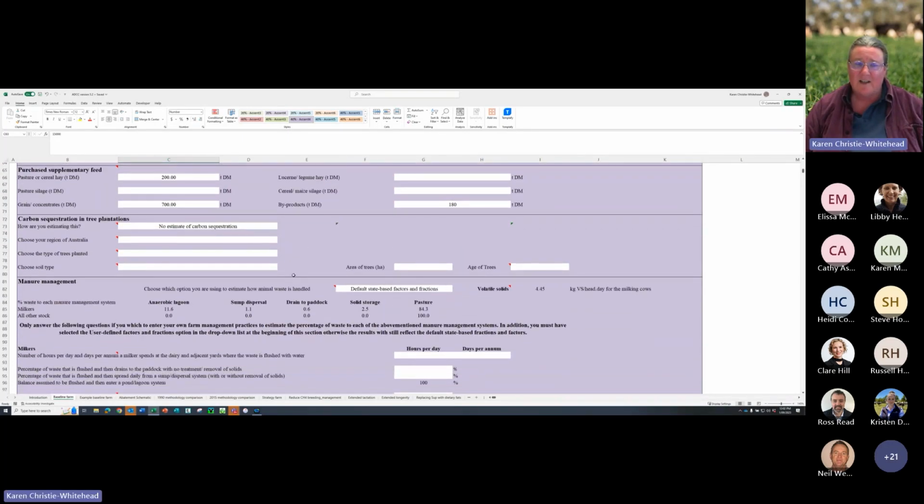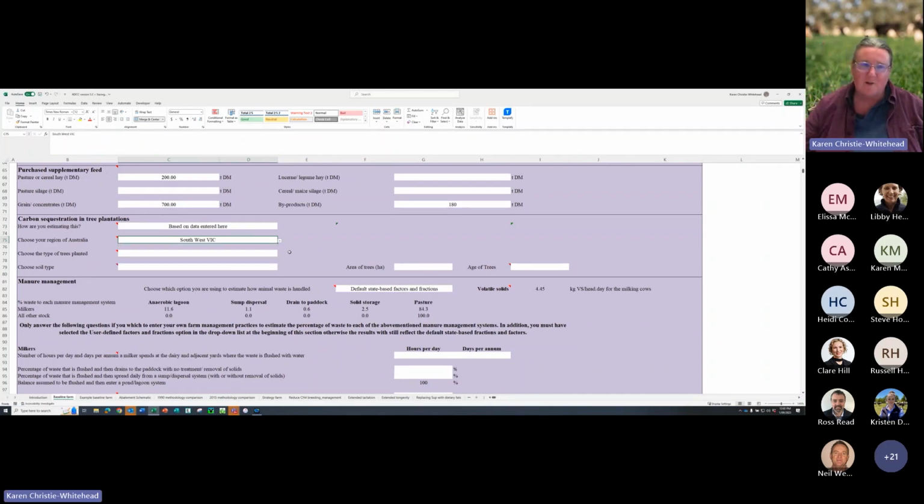Carbon sequestration, as I said earlier, is fairly crude. If there's no trees on farm, you just leave it as zero, or no estimate of carbon sequestration. If you did have some trees on farm, you then have to choose your region. So we said in Victoria, we're in the southwest.